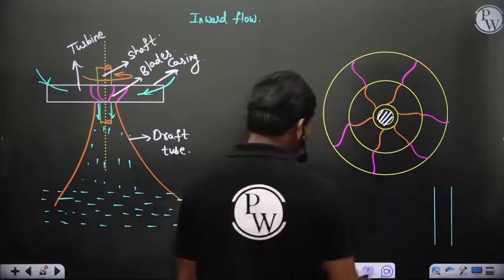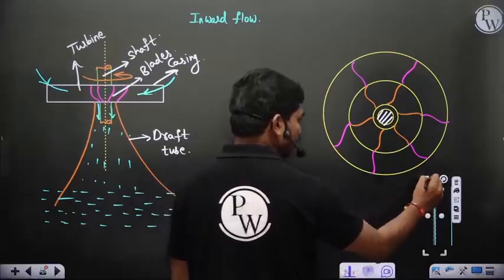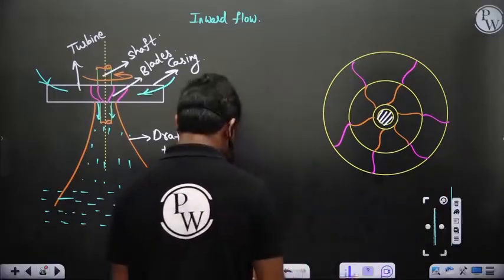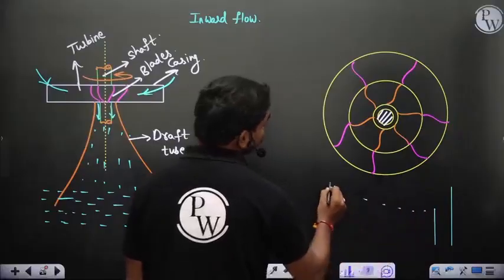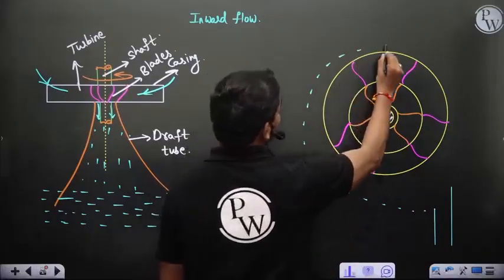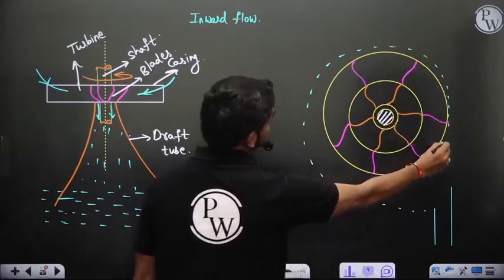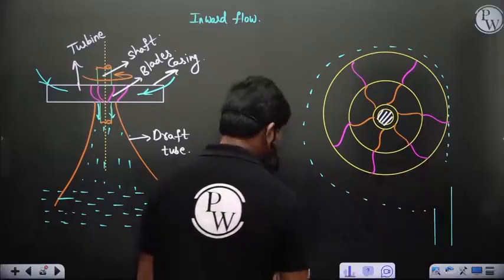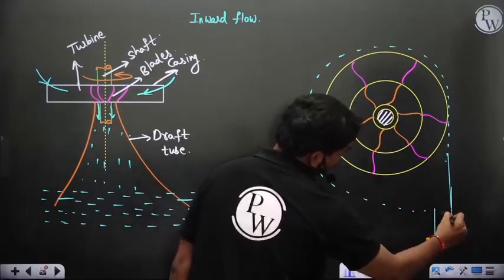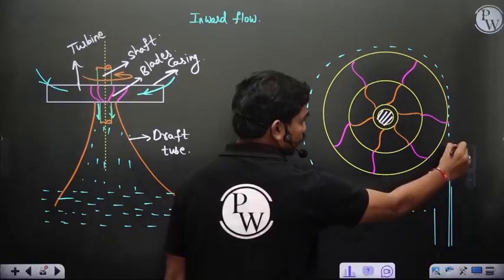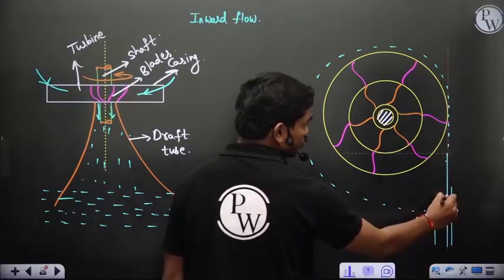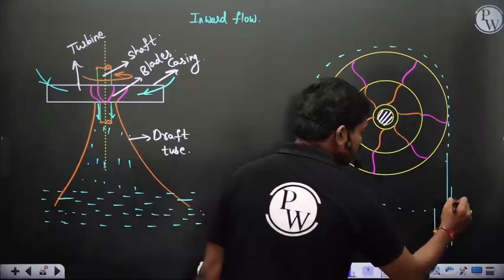What it does is, you can observe something like this. This is a spiral casing.